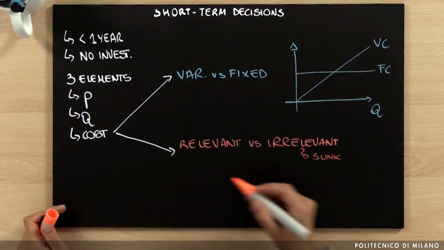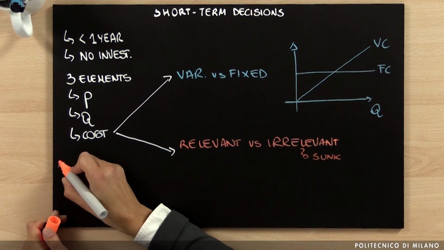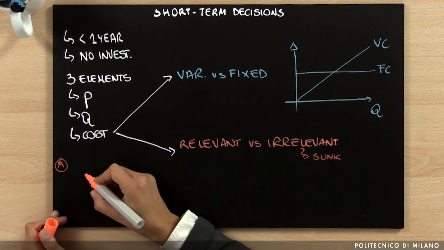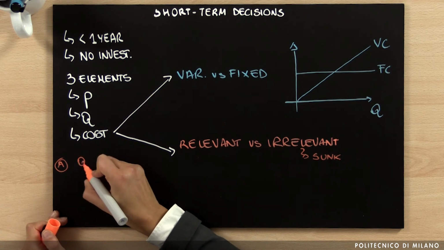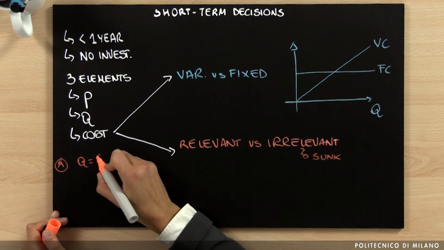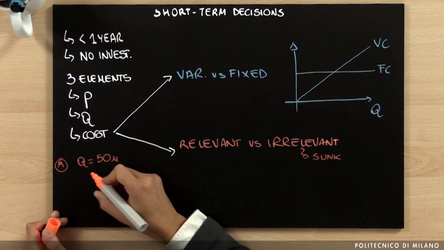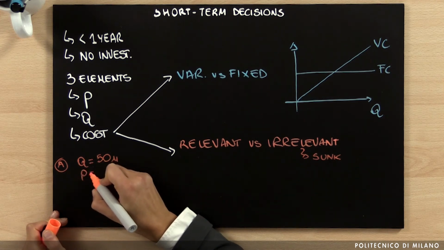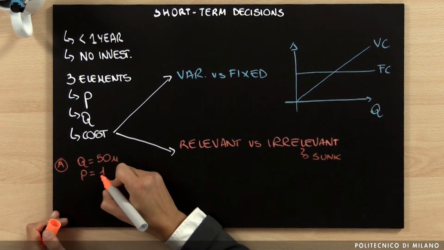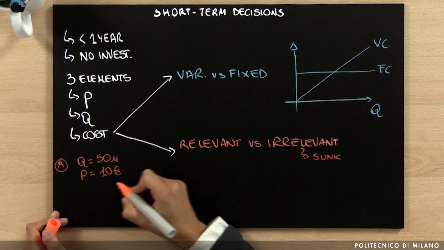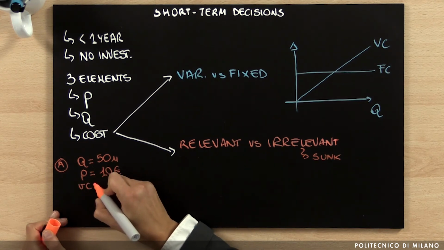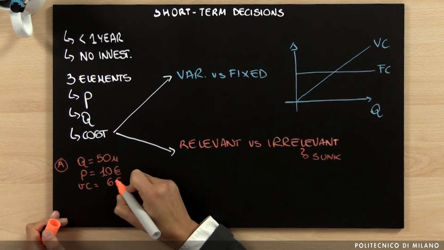Let's try to see this difference with a small example. Assume that our company is realizing a product A, and the quantity of this product A that is realized is equal to 50 units. The selling price of our product is 10 euros per unit, and the variable cost of our product is 6 euros per unit.